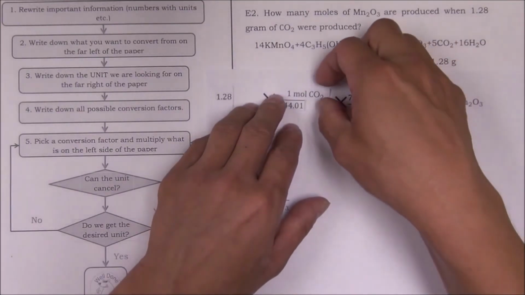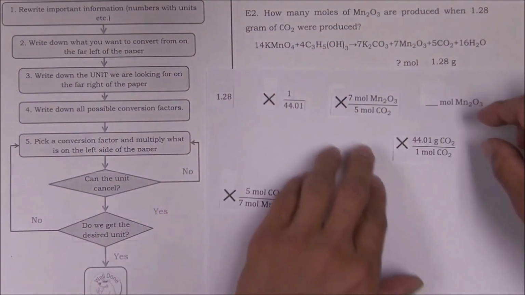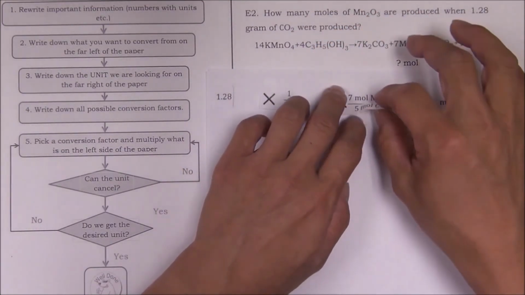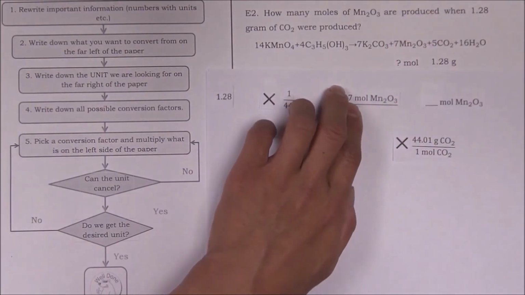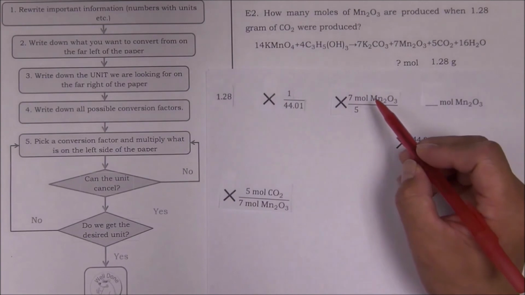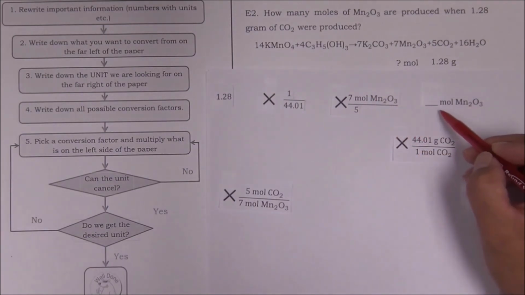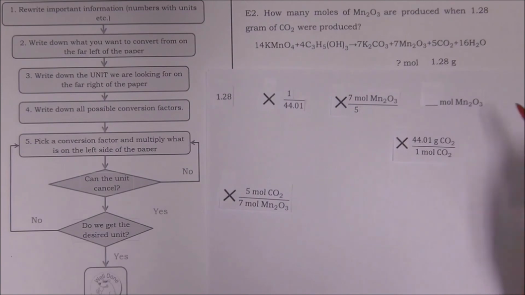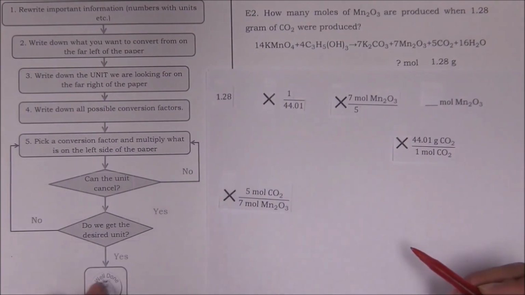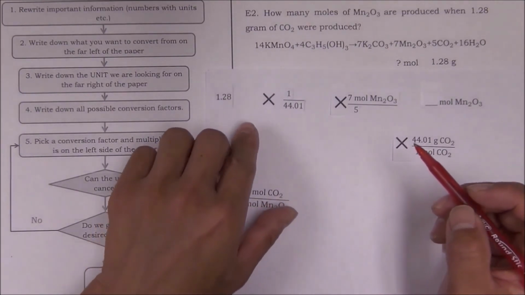They should cancel because one is on the numerator and one is at the denominator. Do we get the desired unit? The unit we have left is mole Mn2O3. The unit we are looking for is mole Mn2O3. Bingo, well done. We need to punch all the numbers into a calculator.